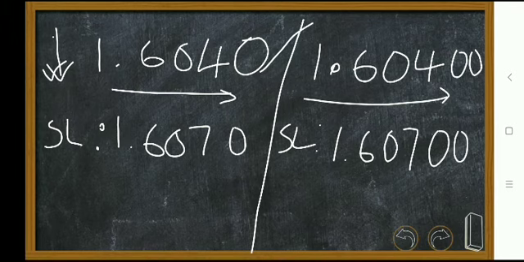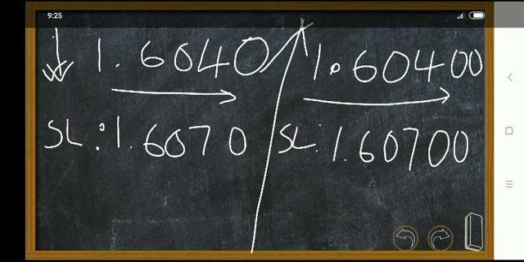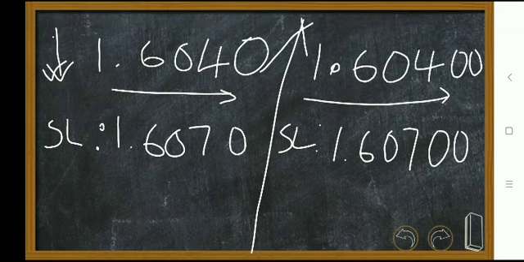Then we come to your TP. It's a sell, right? So when it's a sell, your profit will be when price goes down or drops. As price goes down from your entry price, you'll start seeing profit. So your take profit will be below your entry price.